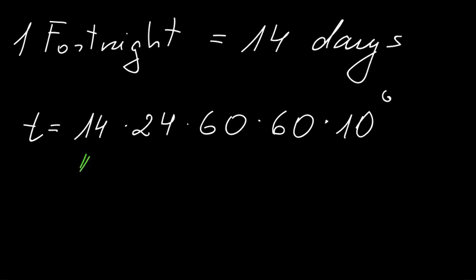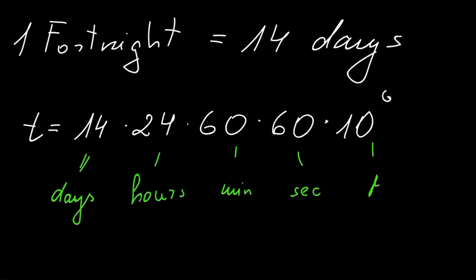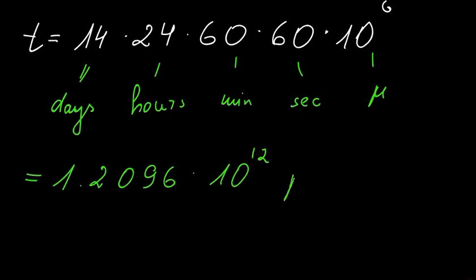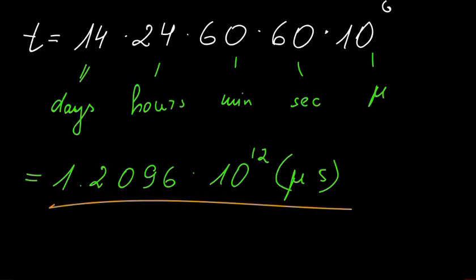Okay, so this is days, hours, minutes, seconds, and this is micro. And our answer is 1.2096 times 10 to the power of 12 microseconds. That's how many microseconds are in 1 fortnight.